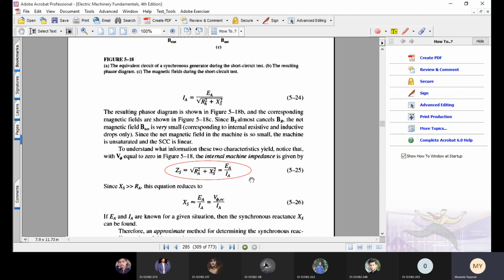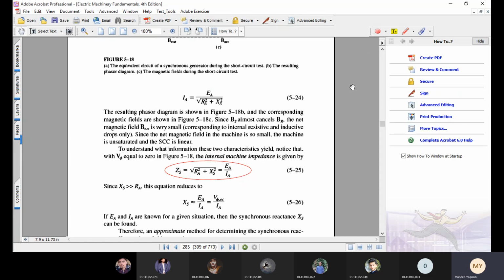Or another way is that since the synchronous reactance is much bigger than the armature resistance, we can say that the armature resistance RA is negligibly small, so we consider it as 0. So it would become XS equals EA upon IA. Why? Because if RA is 0, then it would become the root of XS squared, which will be XS, that is the synchronous reactance.